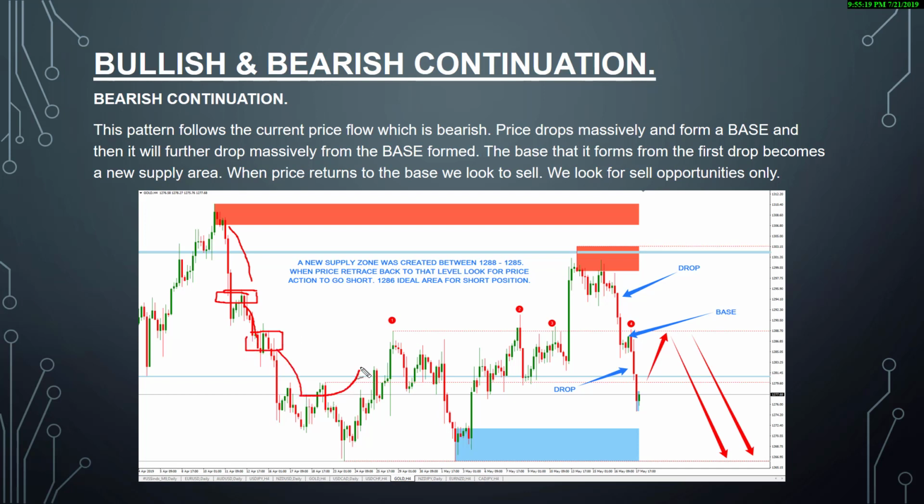Look what the market did when it came back to position 1 here. It dropped, it came back, it dropped, it came back, it dropped. So all these drop areas would have been areas where you go to your lower time frame and go short. You look for bearish evidence.